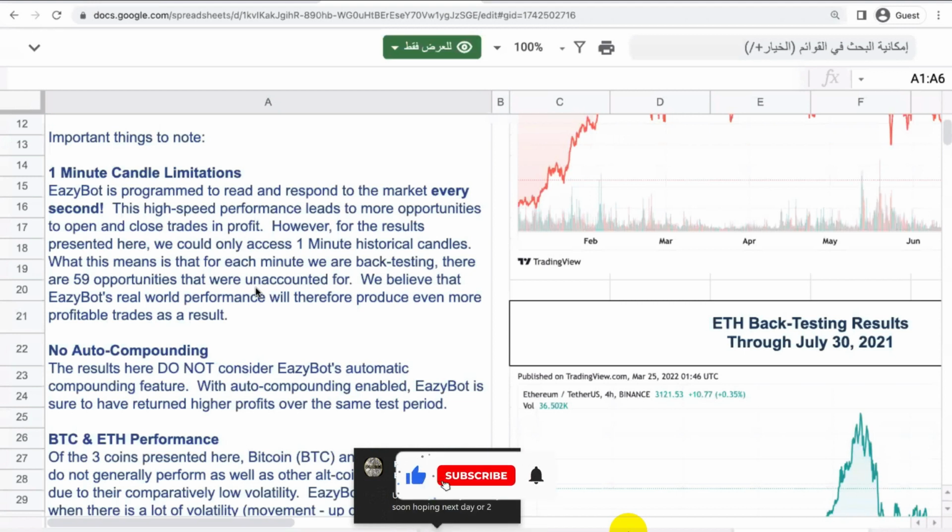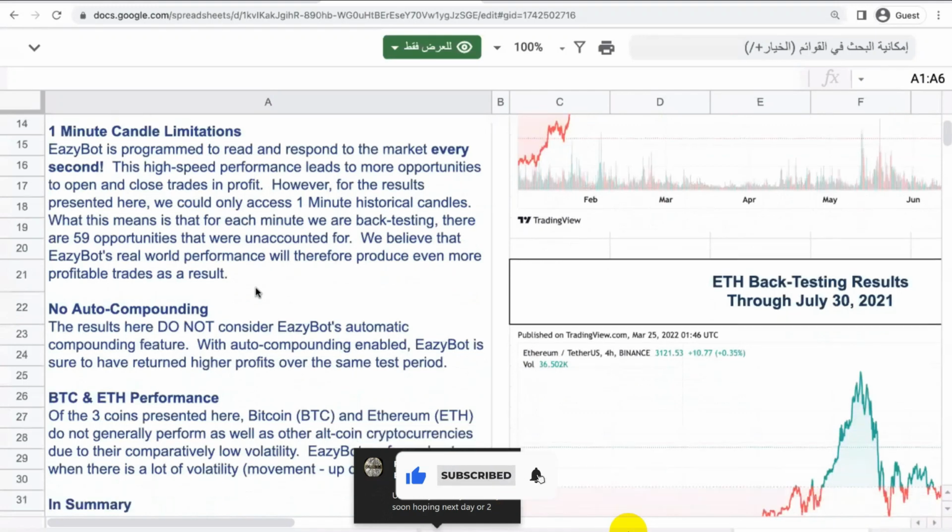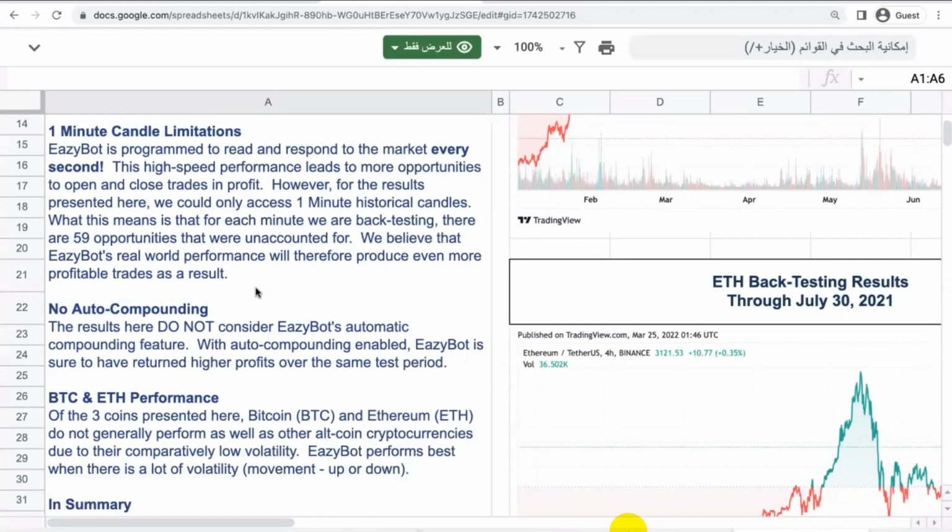However, for the results that we're going to show you here, we can only access 1-minute historical candles. What this means is that for each minute we are backtesting, there are 59 opportunities Eazybot could have executed against, but they're unaccounted for in these results. So we believe that Eazybot's real world performance will therefore produce even more profitable trades.